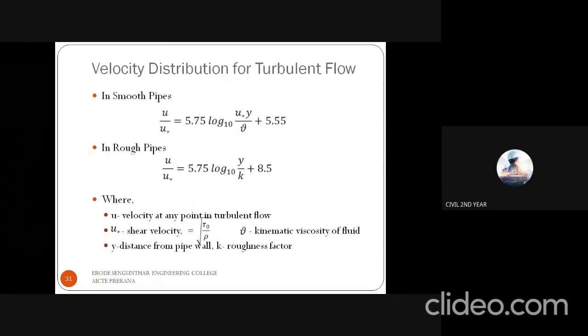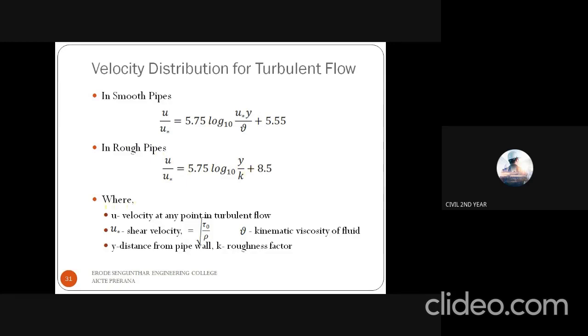Then the velocity distribution formula in smooth pipe: U by U star is equal to 5.75 log 10 of U star into Y divided by nu, plus 5.55. In rough pipes, U by U star is equal to 5.75 log 10 of Y by K plus 8.5.